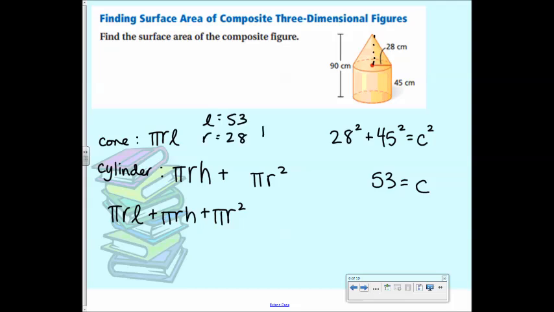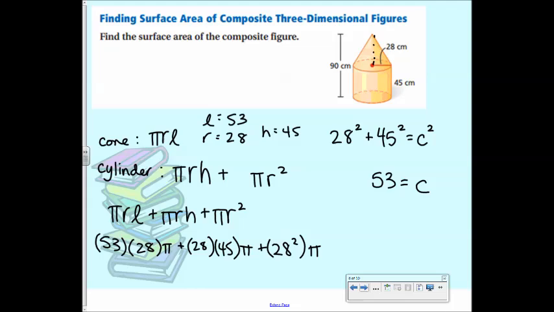That means this is going to be a pretty big number, so you guys should just plug this into your calculator. So you're going to do r times L, which would be 53 times 28 pi, plus r times h, which is 28 times 45 pi, plus 28 squared times pi. So go ahead and do 53 times 28, and then do 28 times 45, and then do 28 squared, and add those all together for me.